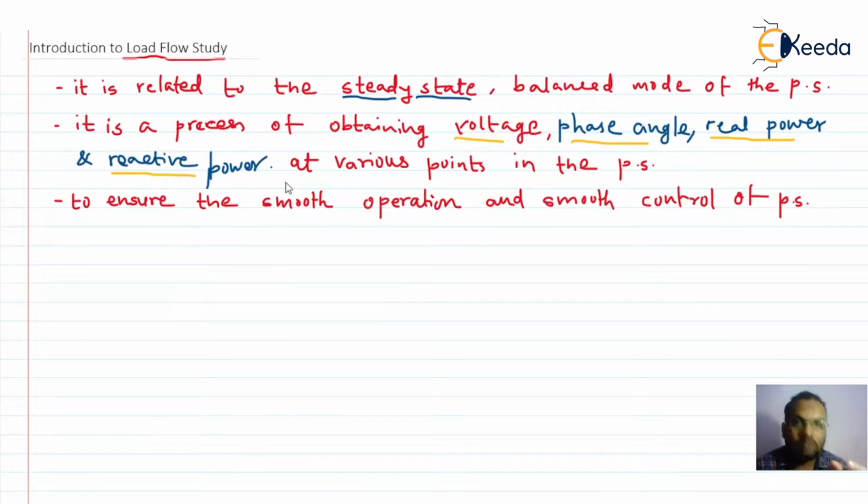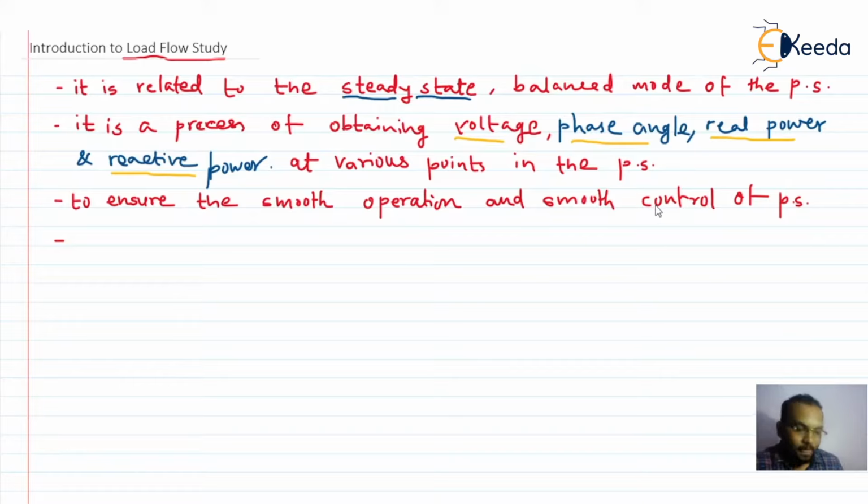And of course, knowledge of these four quantities will help to ensure the smooth operation and smooth control of the power system. If I have the knowledge of these four quantities, then I can monitor my power system for the smooth operation and for the smooth control.